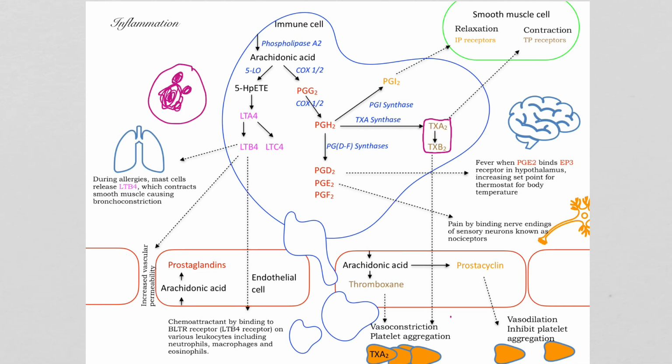And then the other type of eicosanoids, such as your leukotrienes, can cause effects such as increasing the vascular permeability, the space between the endothelial cells, and many of these leukotrienes are very good chemoattractants.